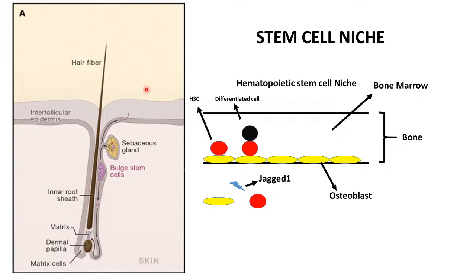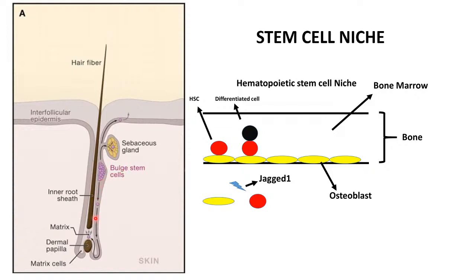This example of hair fiber and the related system is very nice. So at this position, we have bulge stem cells. They are a type of stem cells. This is the stem cell niche. In this area, they behave as bulge stem cells.